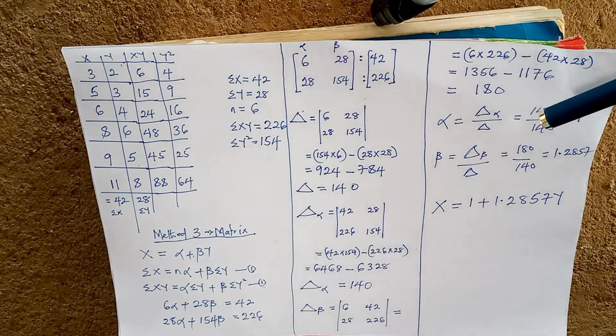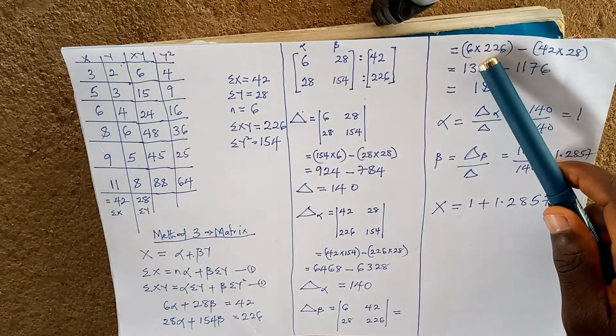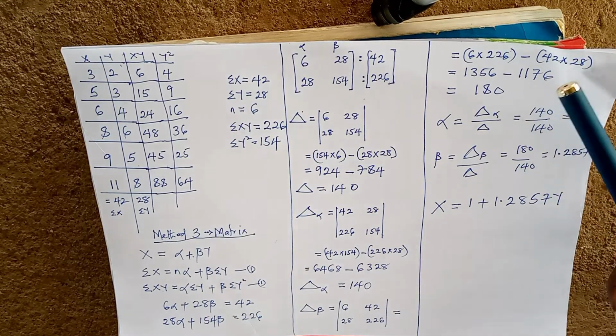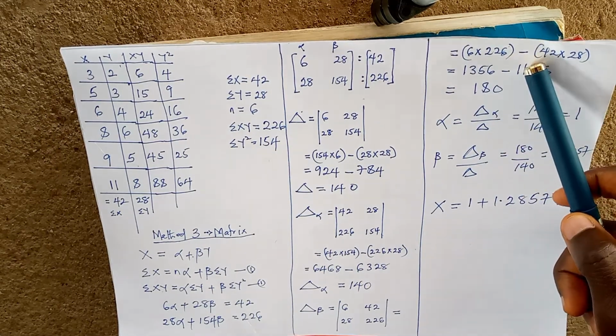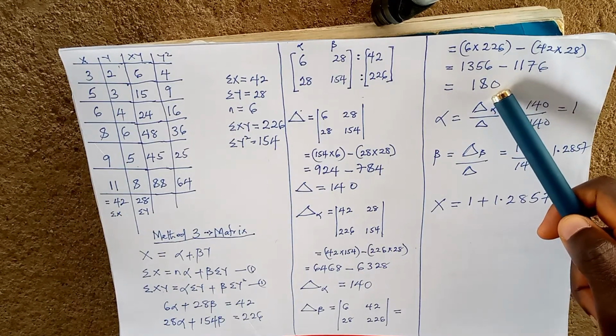Looking for the determinant, we have 6 multiplied by 226, which is 1356, minus 42 times 28, like cross multiplication and then subtraction. Subtracting gives us 180.